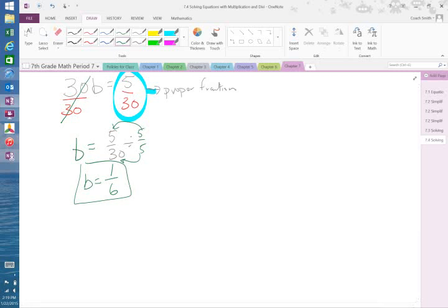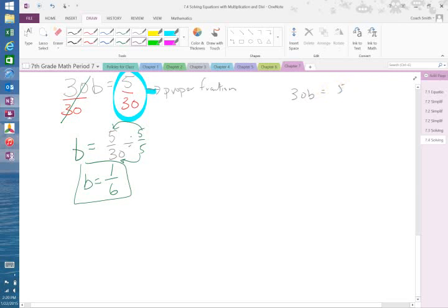Gabby? Why do we do the reciprocal for the other problem? Because it's a fraction. And when you're dividing by, see here, we're dividing by a whole number. So I don't have to do the reciprocal. Now, realistically, what is the reciprocal of 30? 1 over 30, right? So, realistically, you are doing the same thing. You have 30B equals 5.